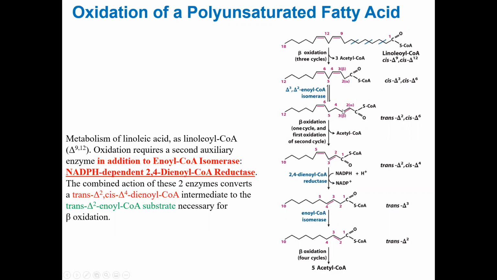Once you do 1 round of beta oxidation cycle, what will you be left with? You will be left with the fatty acid that will be 2 carbon short now, and a fatty acid that will also be activated with thioester, right? And so that's what they are actually showing you.